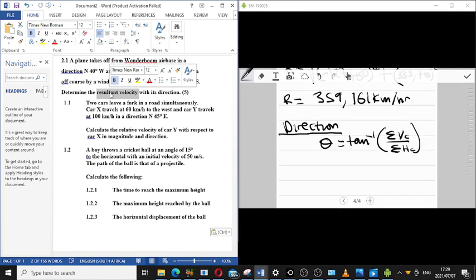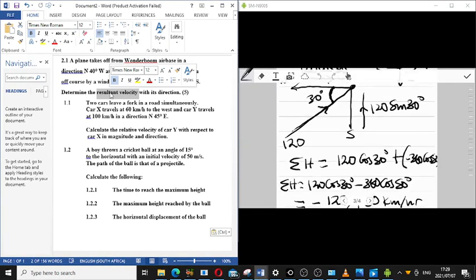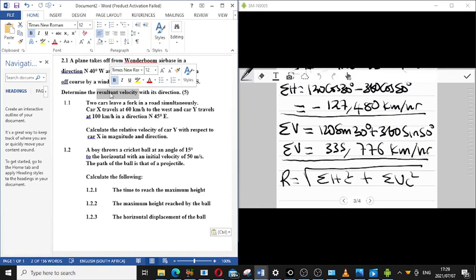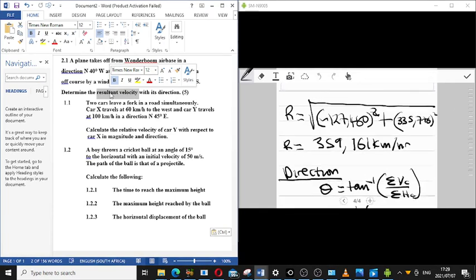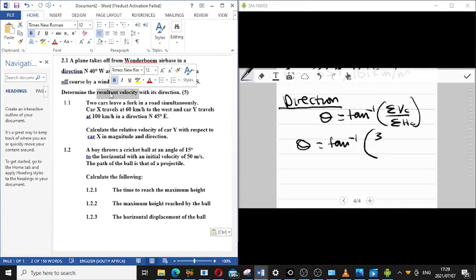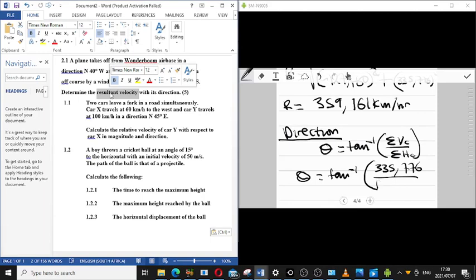The sum of the vertical component here is 335.776, all over the horizontal, which is 127.480.